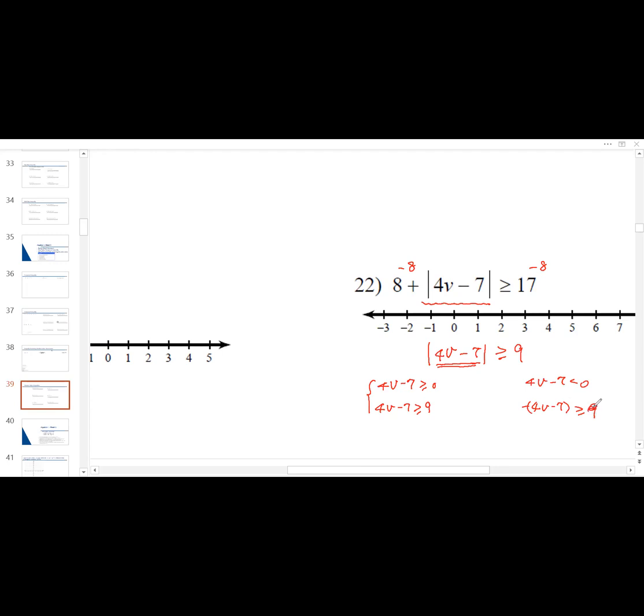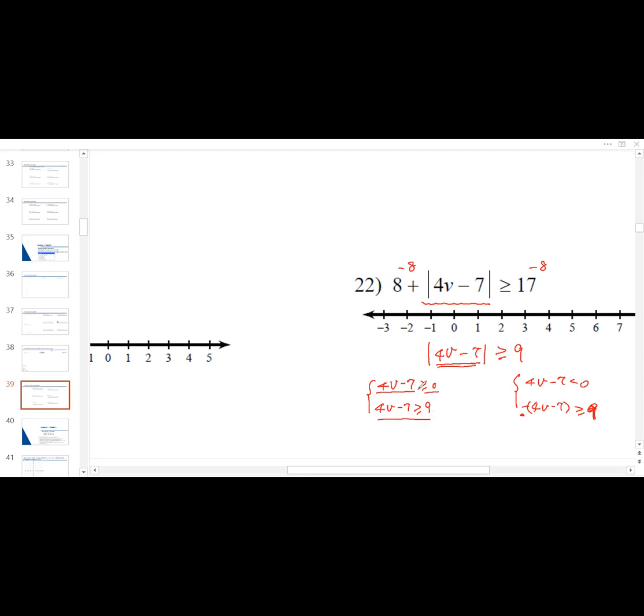If the inside is negative, when you take the absolute value, you need to add a negative in front, and the rest is not changing. We build these two compound inequalities, right? So what do you get? This one is greater or equal than 0, and this one is also greater than 9.